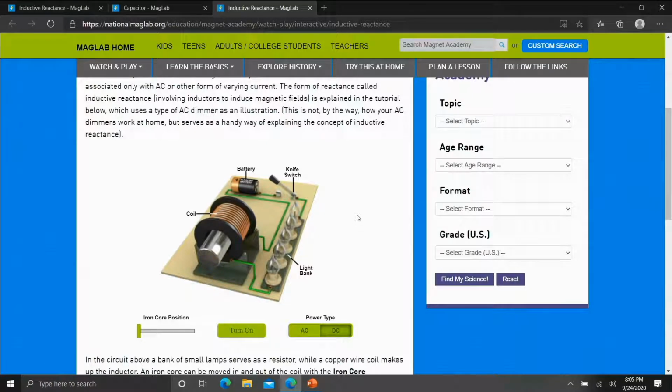So here we have a battery, a knife switch, a series of incandescent lights, and an inductor.